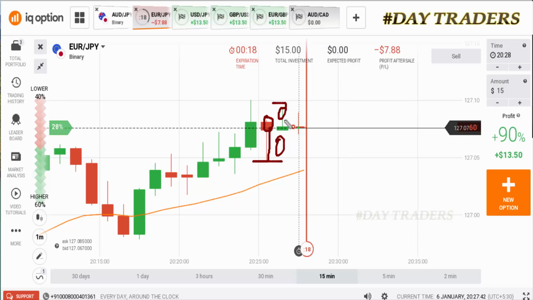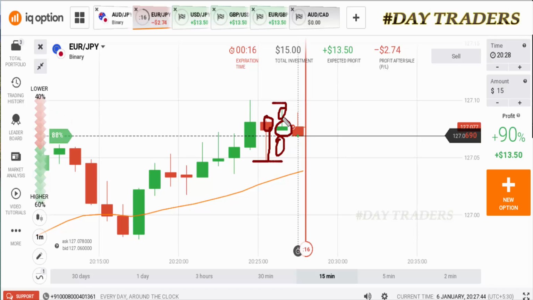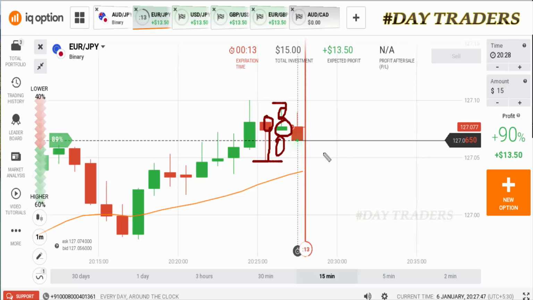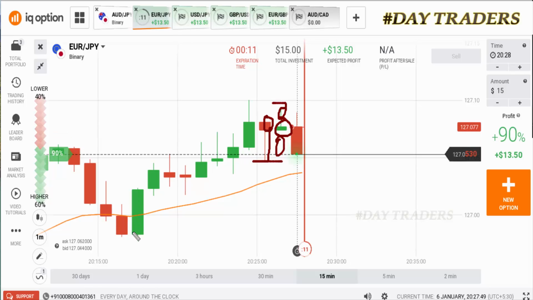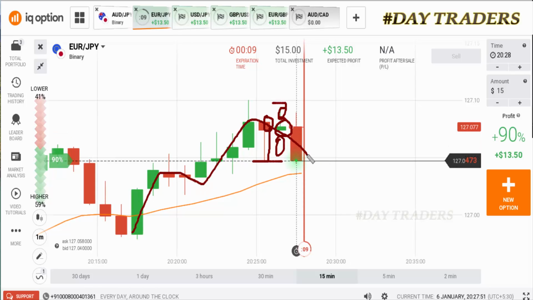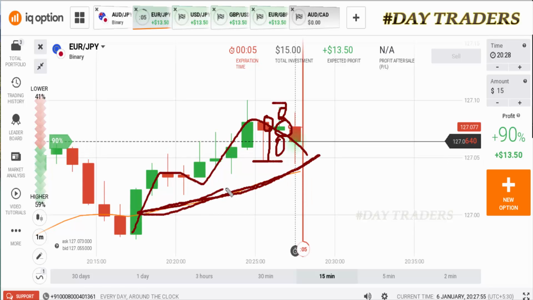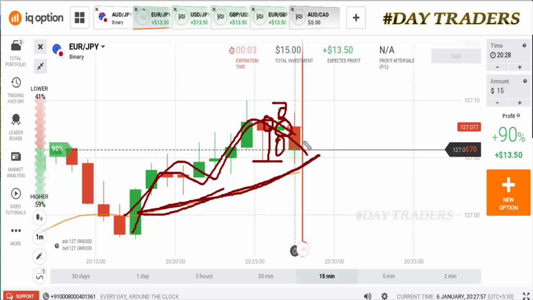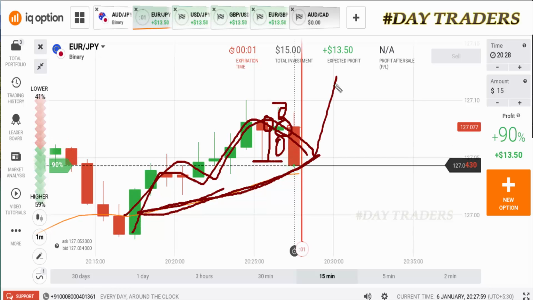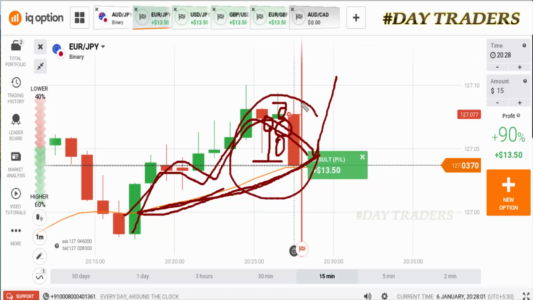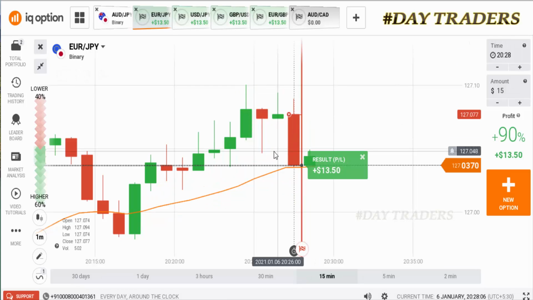So this is a sign of reversal or continuation, but I am expecting a bearish momentum. Why? Because this is a moving average, and the next support level is here. After touching the level, it is going to continue the uptrend market again. Okay, this is market psychology, so that's the reason I place a lower option, and this is also a winning trade.